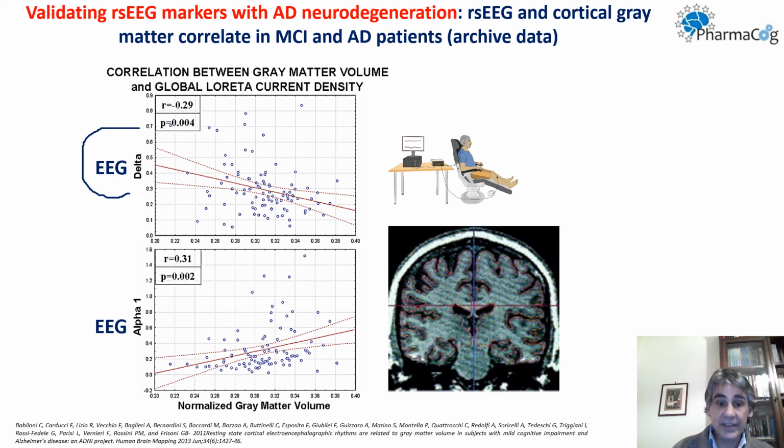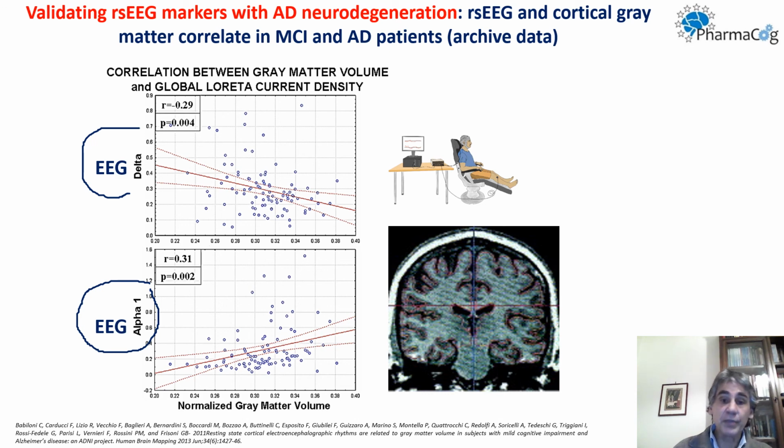In contrast, the higher the alpha source activity in the cerebral cortex, the higher is the cortical gray matter volume. So in both cases, we have a significant correlation between delta and alpha source activities and the cortical gray matter volume, as revealed by magnetic resonance imaging biomarkers.